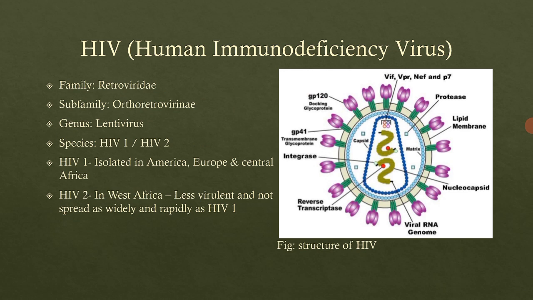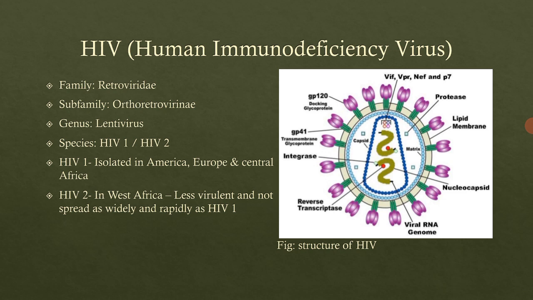These proteins are antigens, so these are the envelope antigens, GP120 and GP41. GP120 is the docking glycoprotein and is the principal envelope antigen, which is responsible for attaching to the host cell. GP41 is the transmembrane glycoprotein.